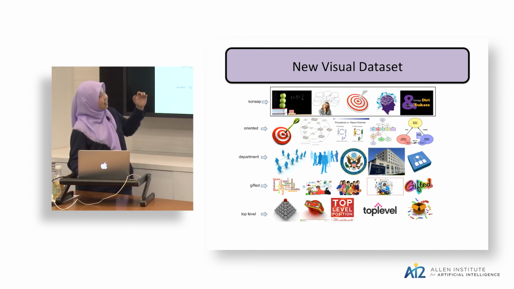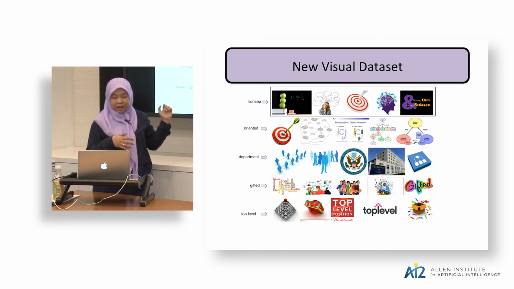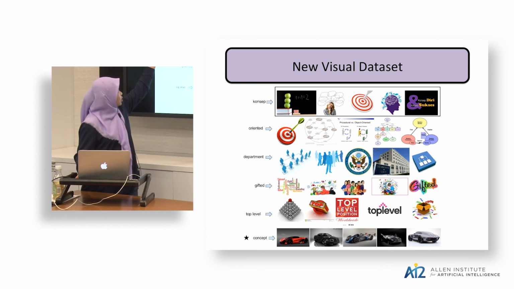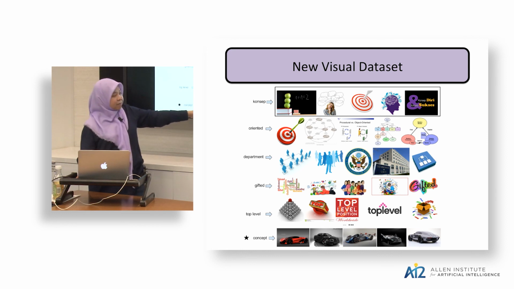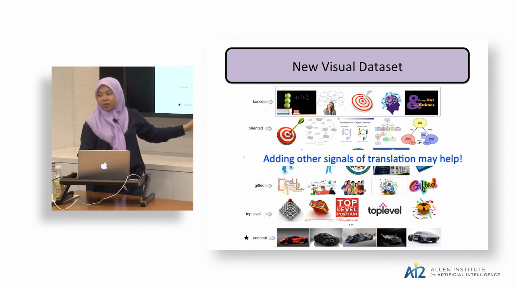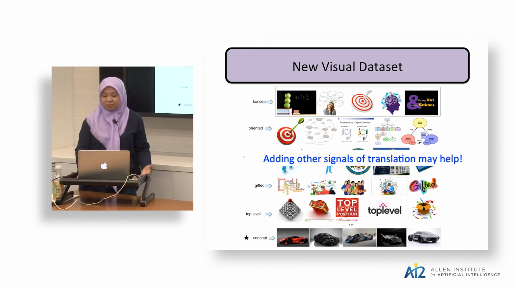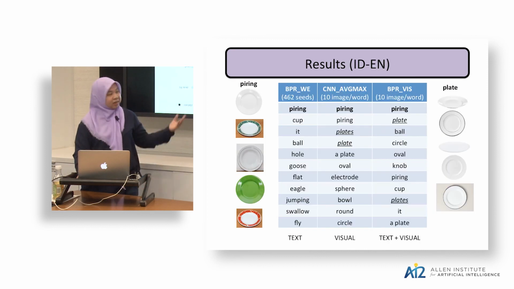However, this has a downside, of course, for abstract nouns, such as concept. It cannot find the right translation in the nearest neighbors, because the image for the correct translation is very different from the image for the Indonesian word. So we believe that adding other signals of translation can help in this data set.